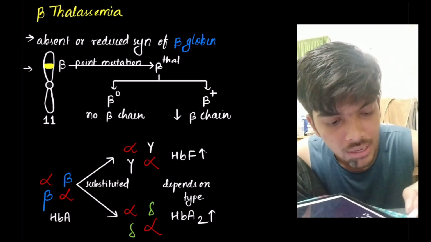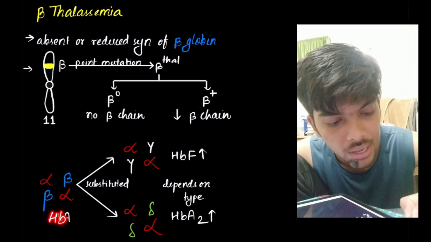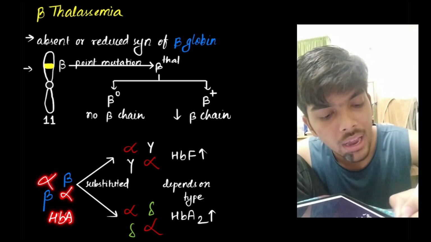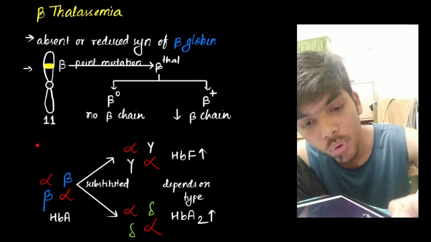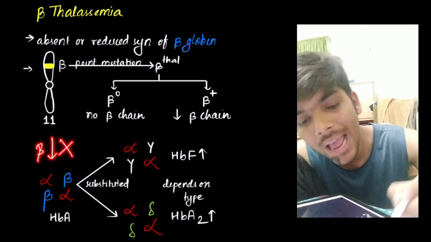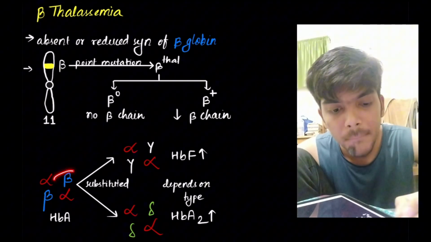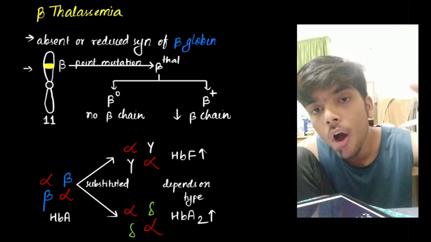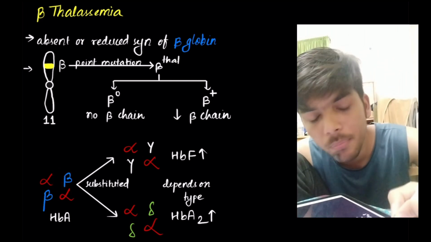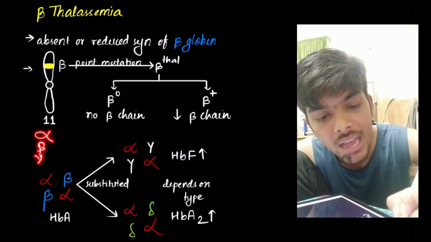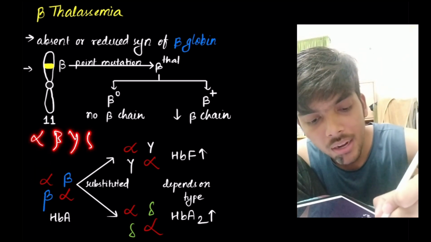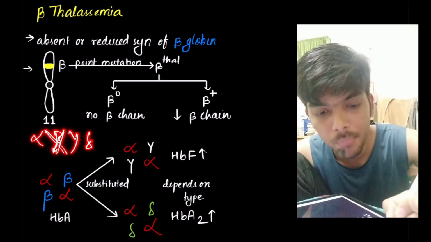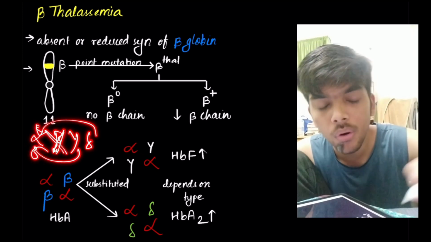So normally, in case of adult hemoglobin, HbA, you have 2 alpha and 2 beta, right? In case of beta-thalassemia, the production of beta chain is reduced or absent. As a result, beta is substituted by the other globin chains present. You have alpha, beta, gamma, delta, right? Since beta is not there, instead of beta, gamma or delta goes.